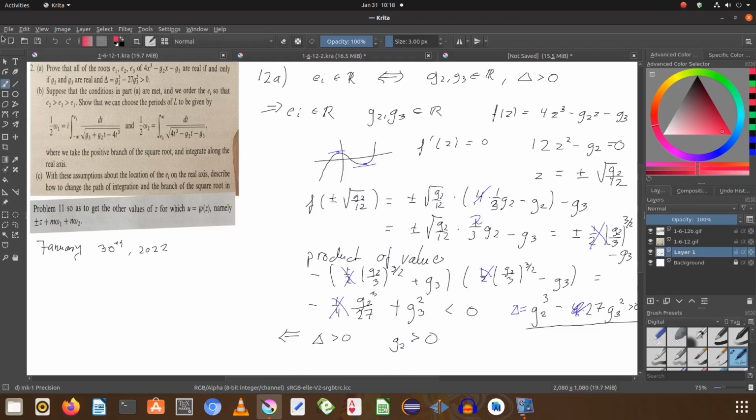Now, the last question, C, we need to be very specific. So we have a value of z, and then we need to get all the other pre-images.